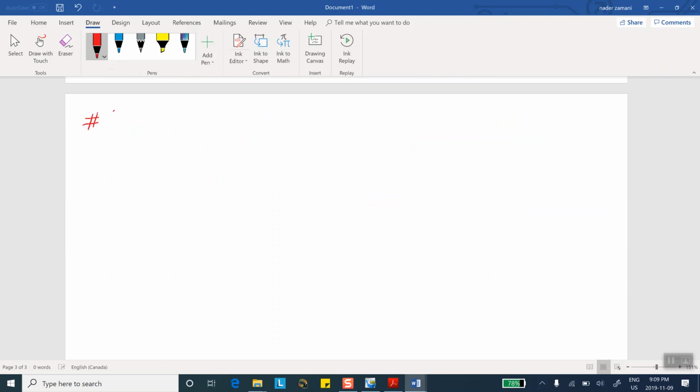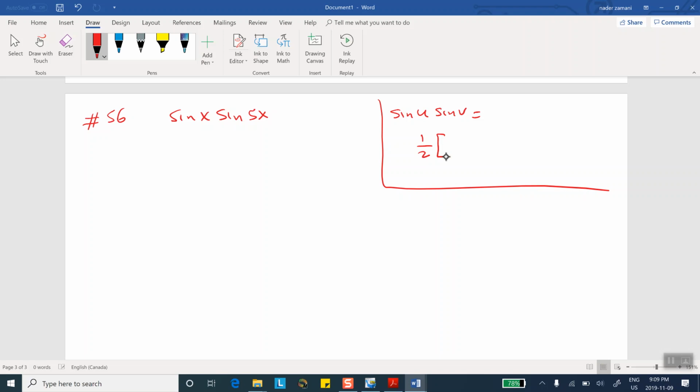Number 56. Sine x sine 5x. And I want to remind you that if you look in your table and you look for something like that, you're going to come across the following formula. Sine of u times sine of v equal to 1/2. Just look it up in your table.